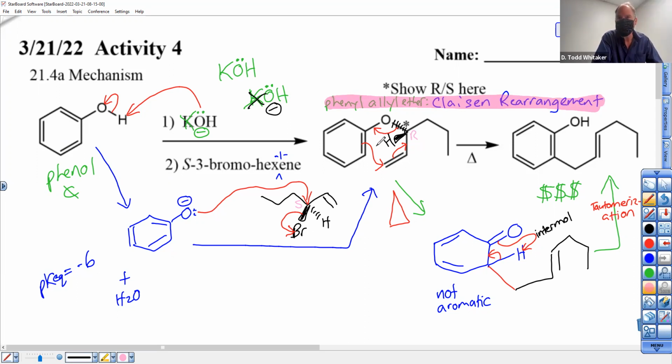We call that pericyclic, if you want to sound fancy. It's a pericyclic reaction, just like beta decarboxylation had the same 3 arrows going around in a circle. Pericyclic reaction called the Claisen rearrangement because you started with a phenyl allyl ether.